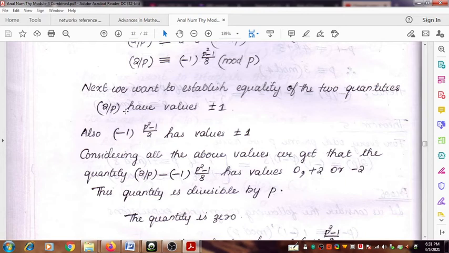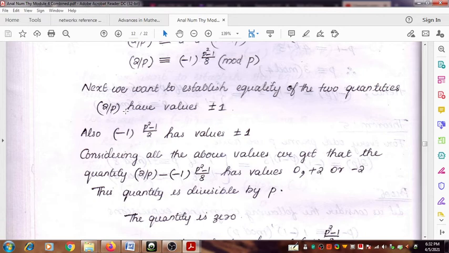You can refer to the previous cases that we have discussed in detail, in which we assigned various values to these quantities, and established the equality of the two quantities when they were initially connected using the congruence symbol, and how we replaced that congruence symbol with the equality symbol.